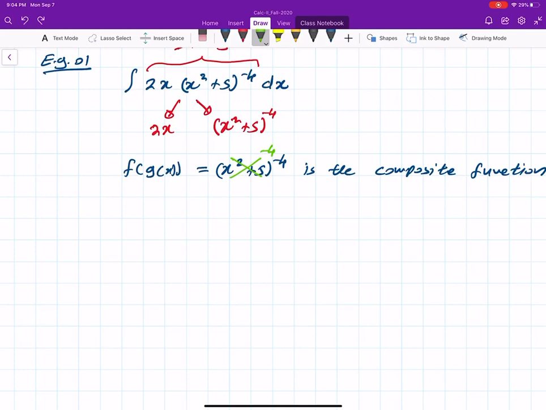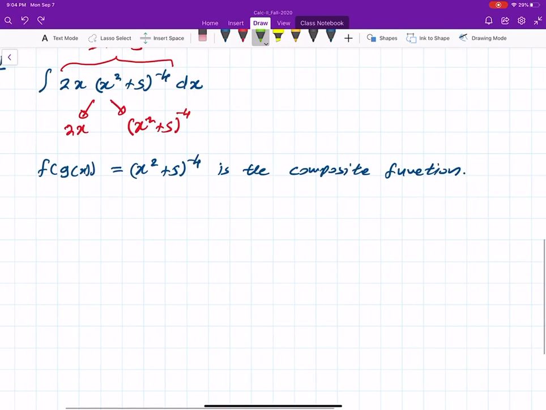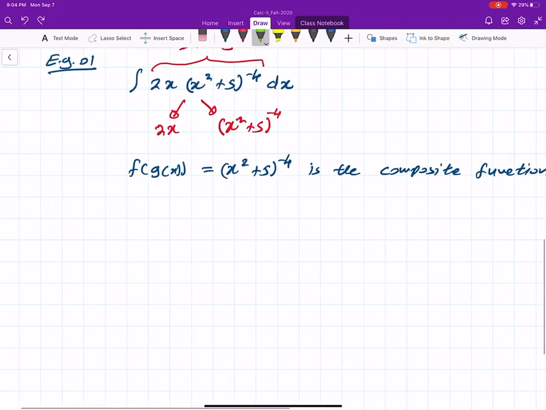So g of x is the inner function, x to the power 2 plus 5.